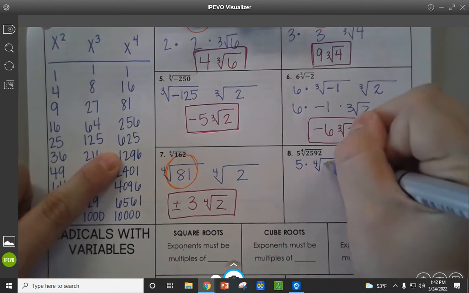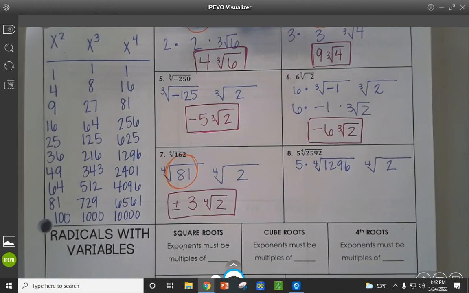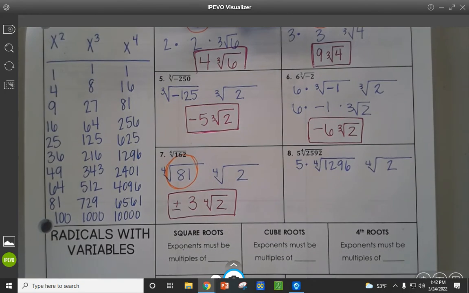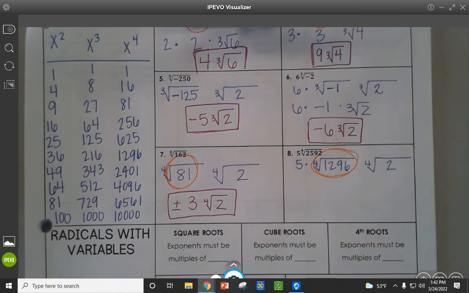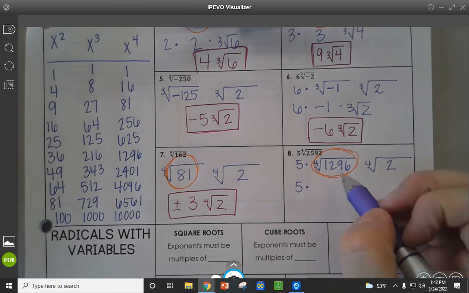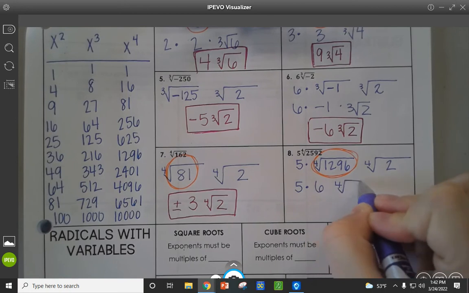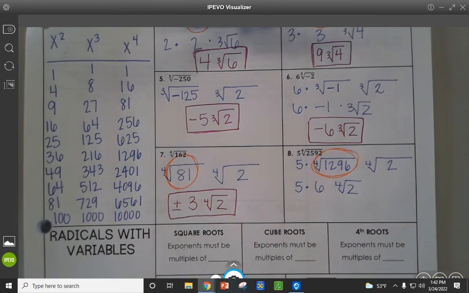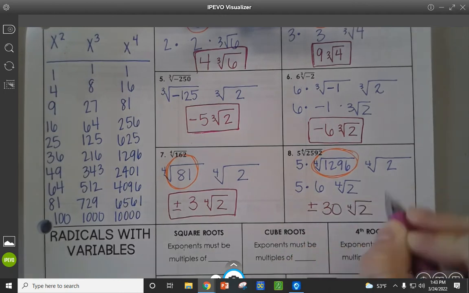It is 1296 times 2 gives me 2,592. So this is my perfect one. What is the fourth root of 1296? 6. So my answer is plus or minus 30, fourth root of 2.